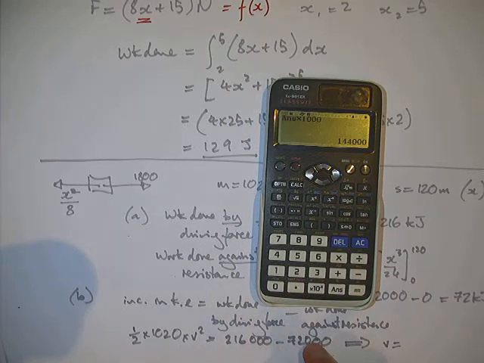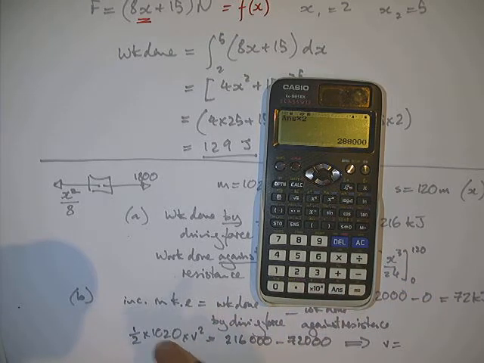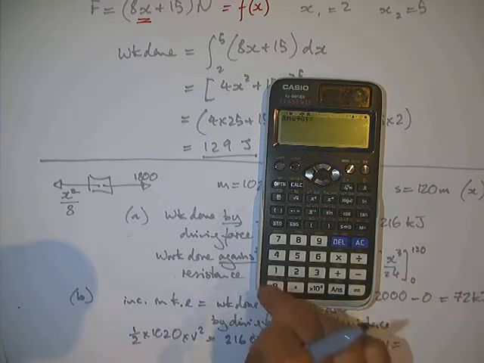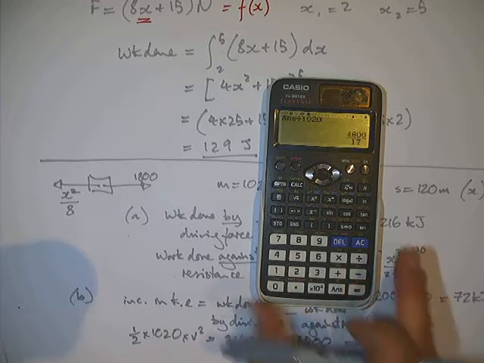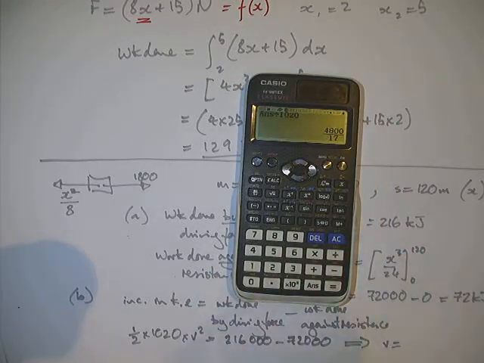Double it to get rid of the half, times by 2, divide by 1,020, which gives 4800 over 17.